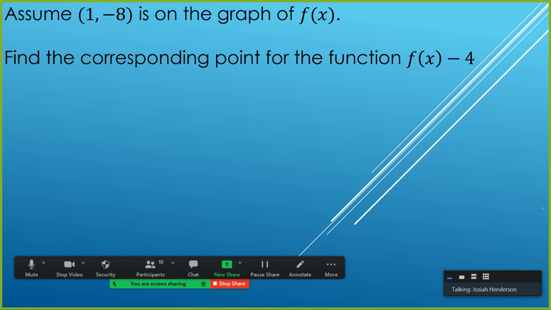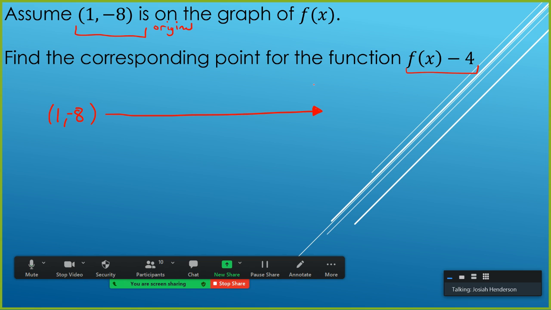Okay. Try it along with me. Assume that 1, -8 is on the graph of f of x. This is on our original function. Find the corresponding point for the function f of x minus 4. Oops, 1, -8. There we go. Our translation or transformation this time, it's outside.